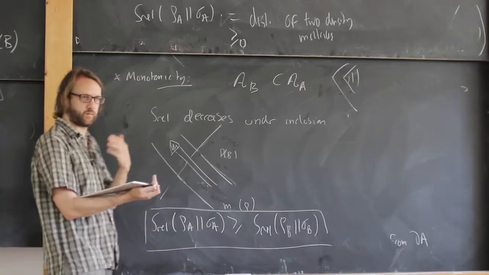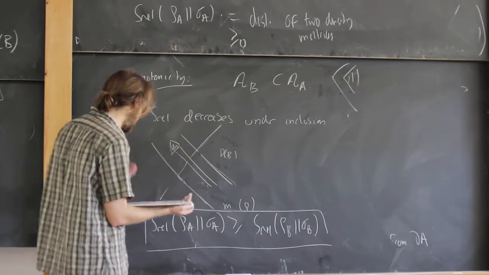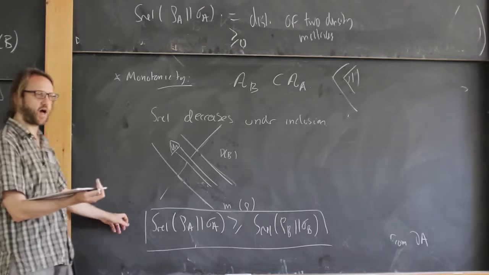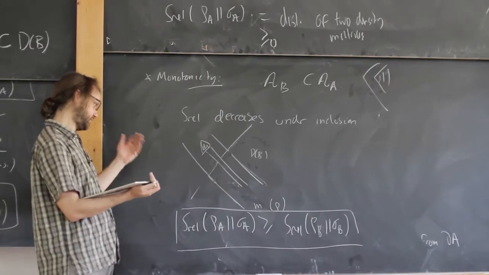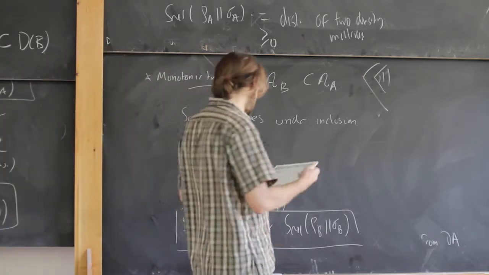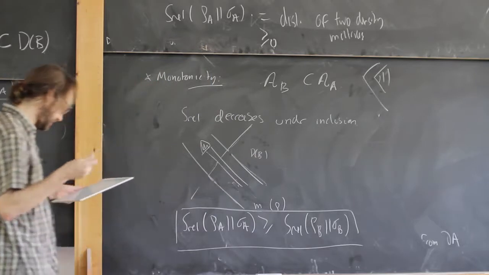Perhaps you've heard that strong subadditivity is a hard thing to prove about entanglement entropy. The hardness is about the same. I'm not sure how to quantify that, but it's certainly a powerful constraint, and it has had many applications.